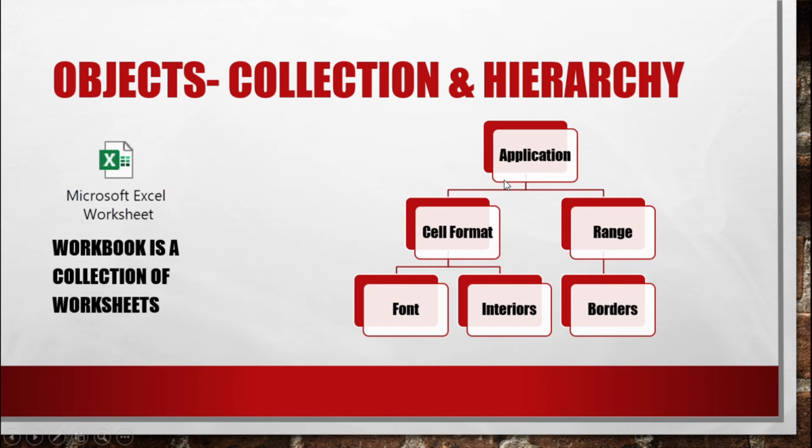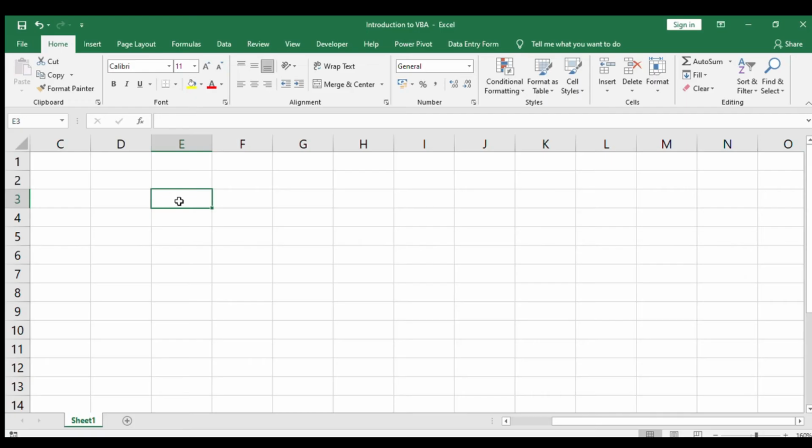Now let's move on to an Excel sheet and try to see how all of the things that we understood here show up in Excel. Let's revise everything that we learned in the video directly in Excel. In this Excel, you can see this workbook, Introduction to VBA.